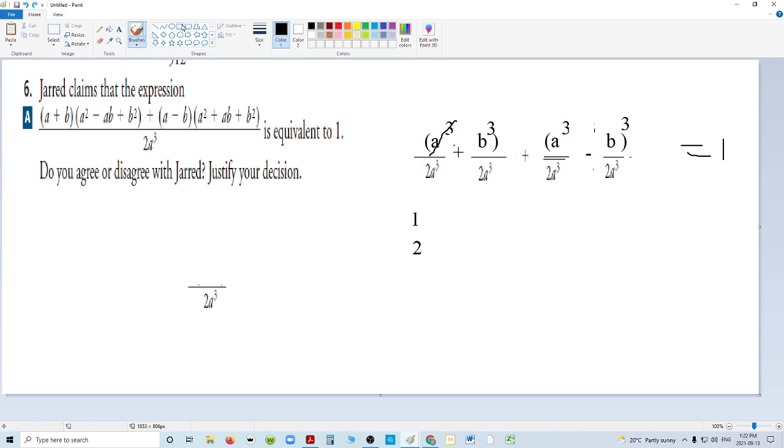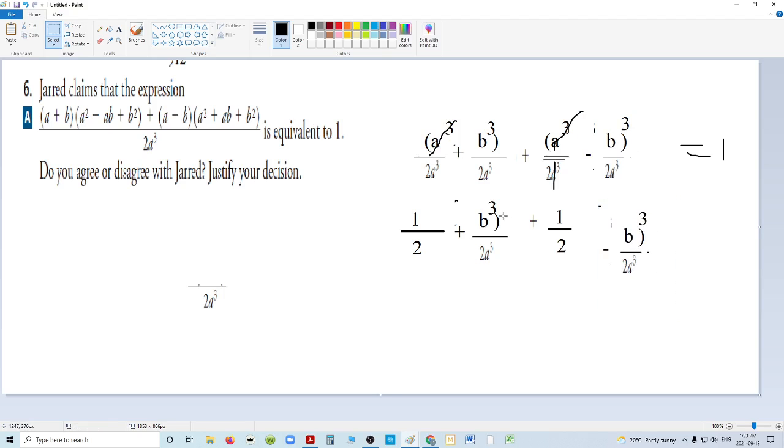Nothing. So we're just going to leave it as it is. What cancels out here? Well, the a cubed cancels out, and I'm just left with plus 1 over 2 again. And then finally, this last term cancels out nothing.